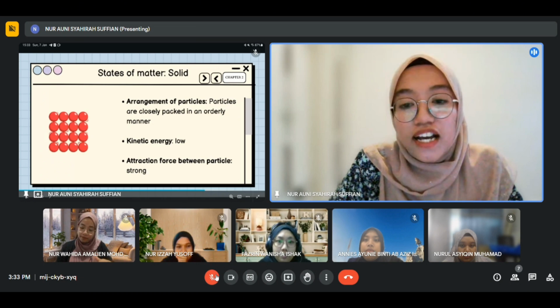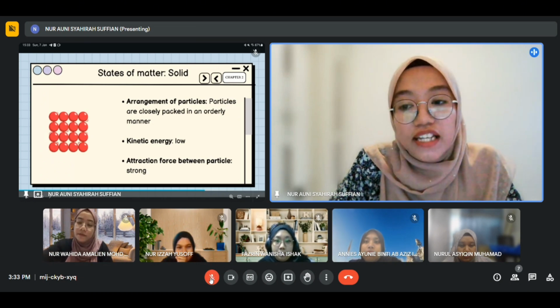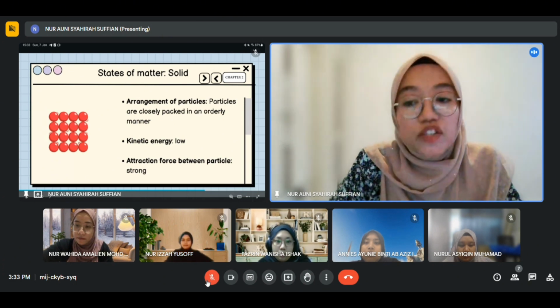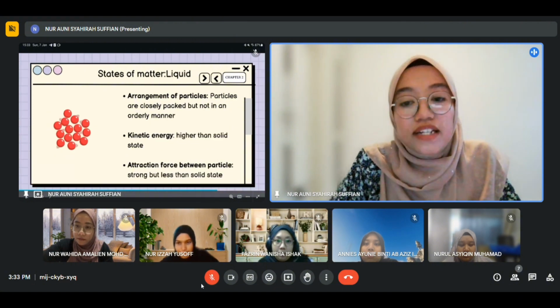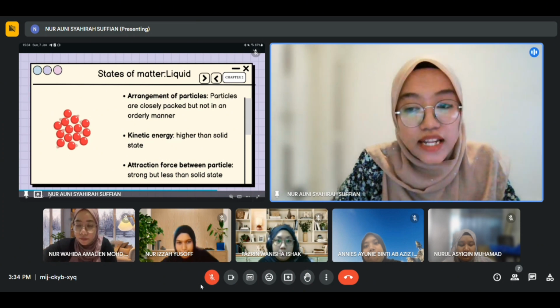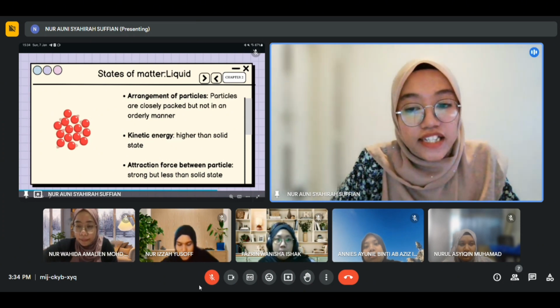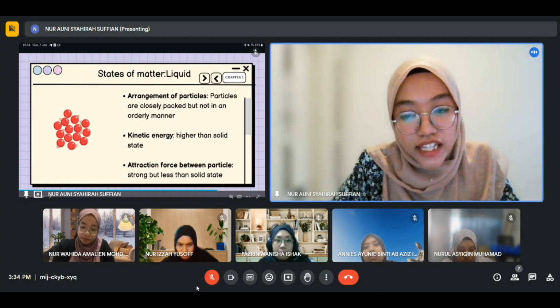Next, for our last part, it is about the kinetic theory of particles. In solid state, the arrangement of particles is closely packed in an orderly manner. Kinetic energy is low and the attraction force between particles is strong. Compared with the liquid state, where the arrangement is also closely packed but not in an orderly manner. As for kinetic energy, it is higher than solid state and the attraction force is strong but also less than solid state.